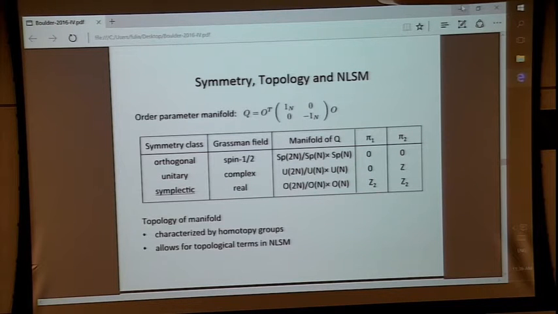There are fundamentally inequivalent spheres that can be embedded within that manifold. So the topology of the manifold is characterized by the homotopy group, and when these topological indices are non-zero, it allows some additional topological terms to be added to the nonlinear sigma model.